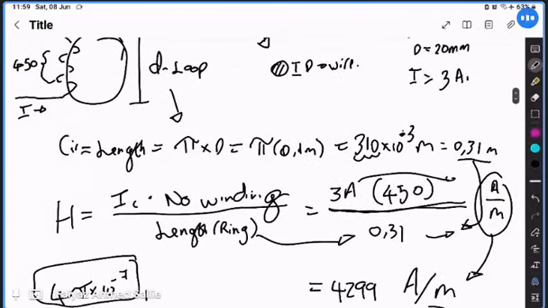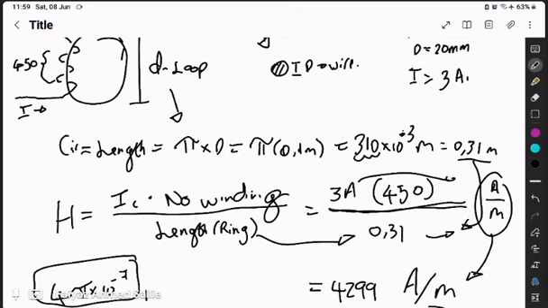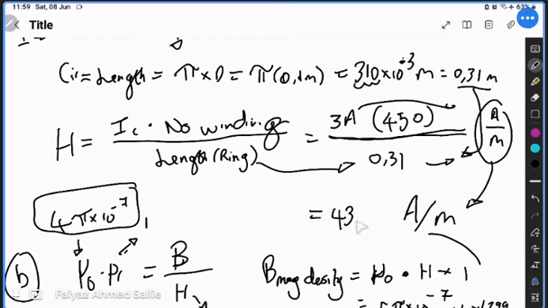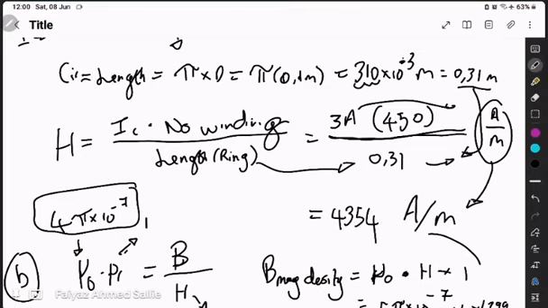Just double check this here. Do you get 4.4? I'm getting 4,354. 4,354.83. Yes, 0.83.